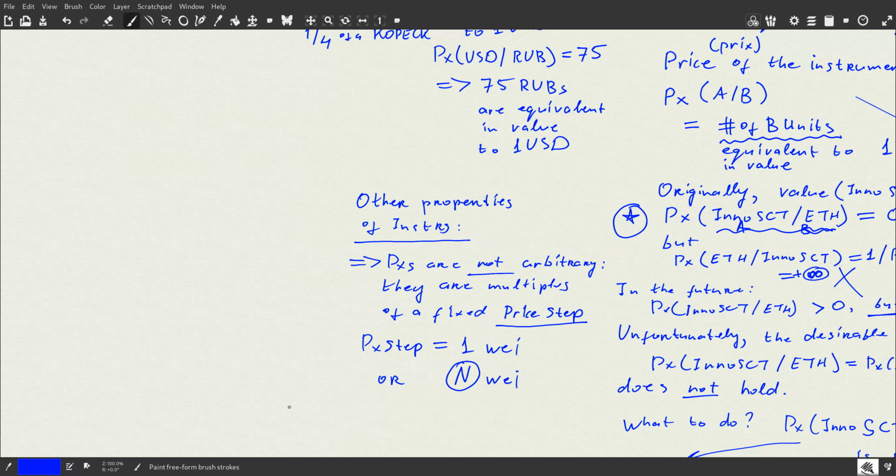currently one Ethereum is approximately, very approximately of course, how much in USD? 2,000. Let's say in excess of 1,000, definitely.